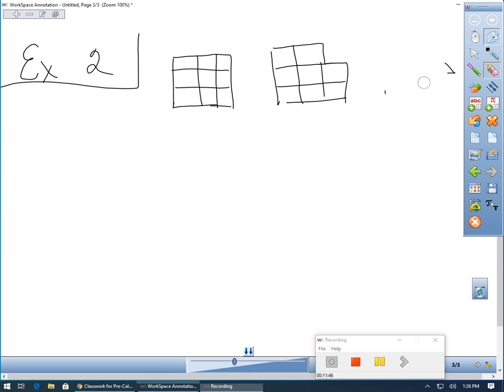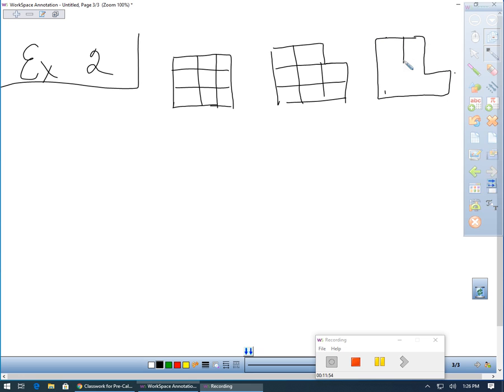One more time. There we go. All right. So what's one way we could describe how to draw the 4th picture? How would you want to describe it, Lucas? You subtract 1 block from the farthest right side.